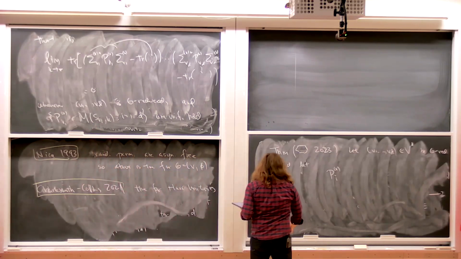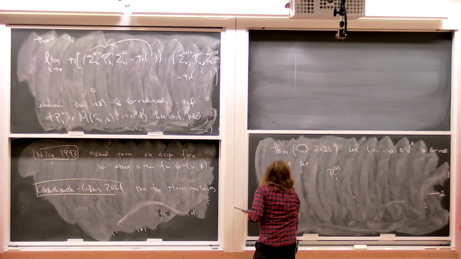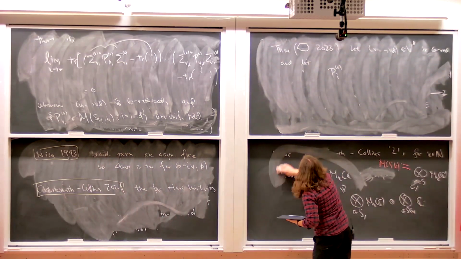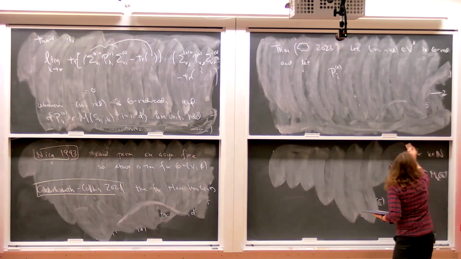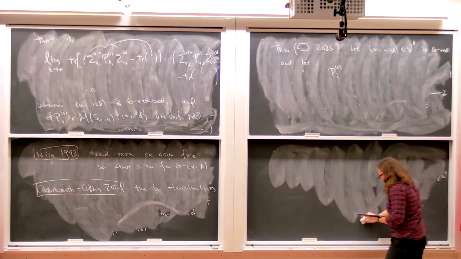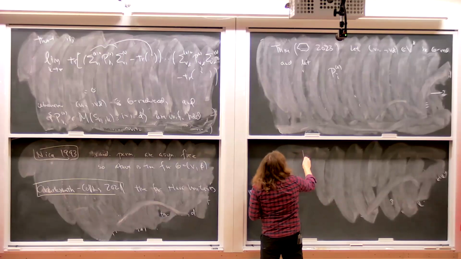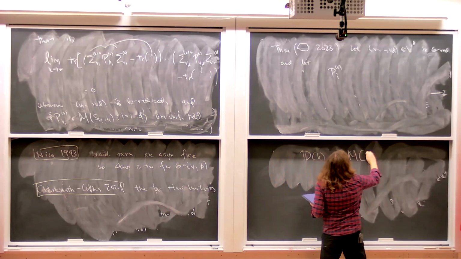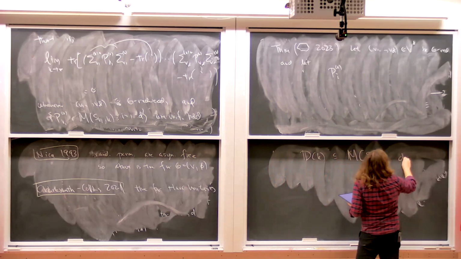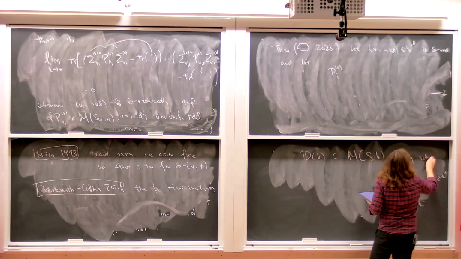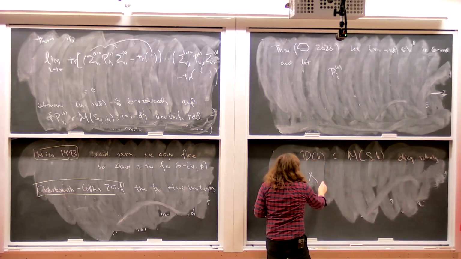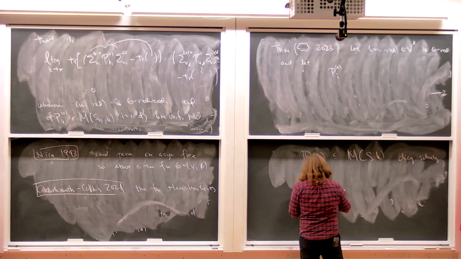Oh, let me use this other board first to set some notation. I'm going to label the diagonal subalgebra as D_k inside of this big ambient algebra. And then delta_k will be the conditional expectation onto it.